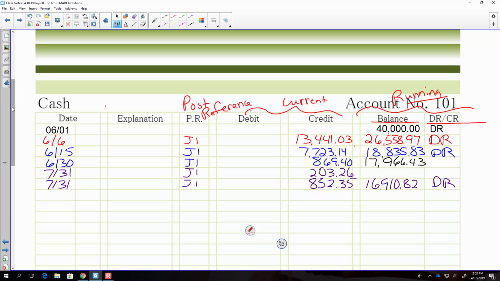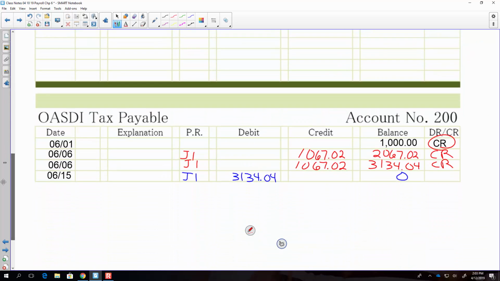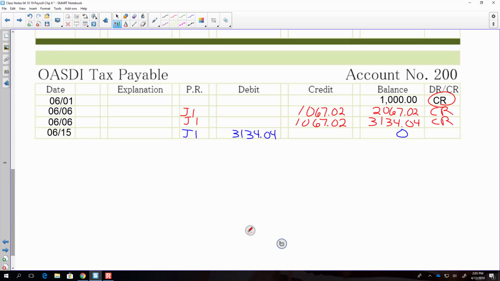If I go forward here and look at some of the liability accounts, we're seeing basically a credit balance, right? So it would be on the credit side, but look, I'm increasing it twice. My running balance is 3134.